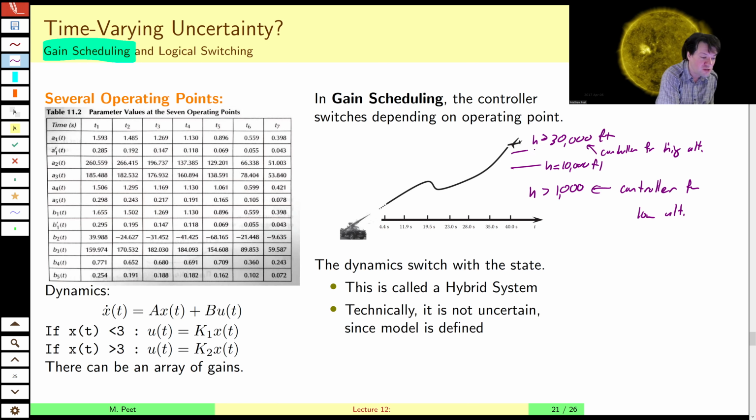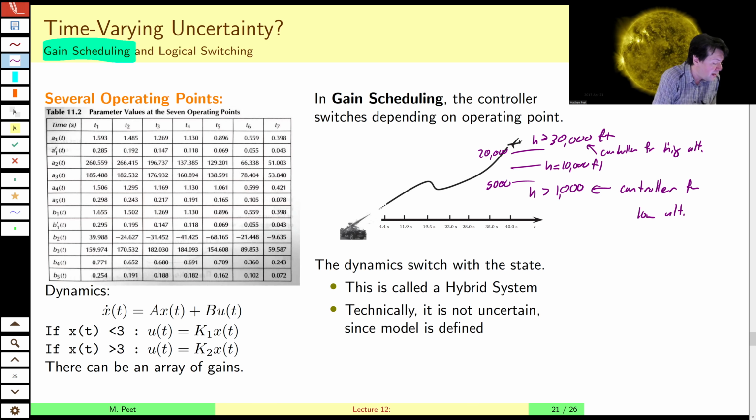Or you might have lots of controllers. You might switch at 10,000 feet and then switch again at 20,000 feet, things like that. Or switch at 5,000 feet. So you might have a whole bunch of different controllers, each optimized for a different operating condition.